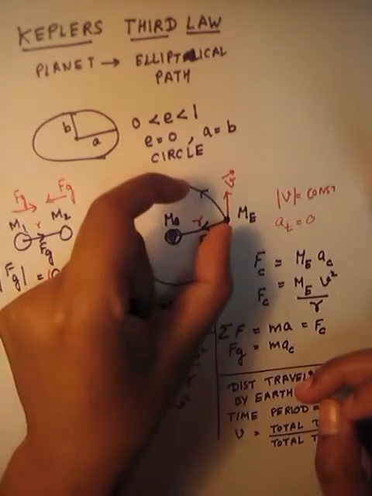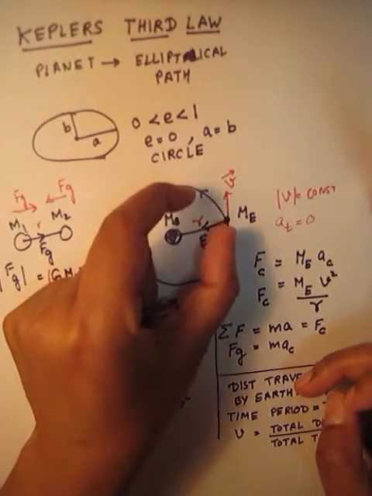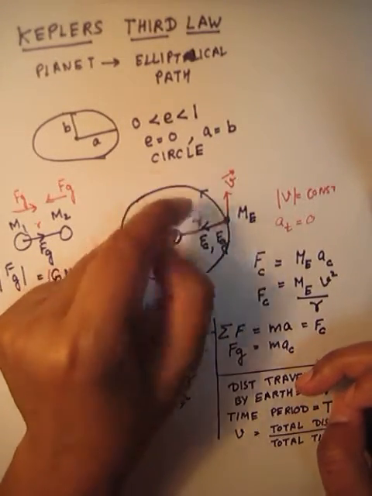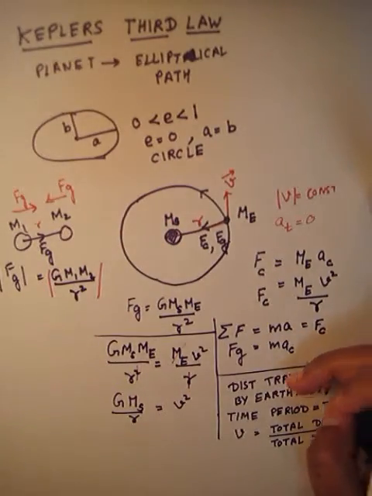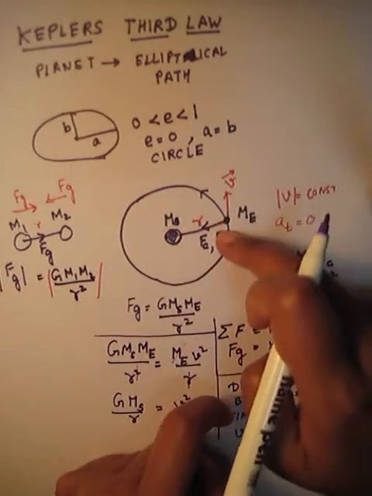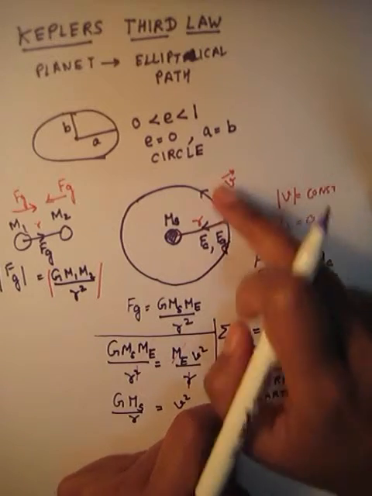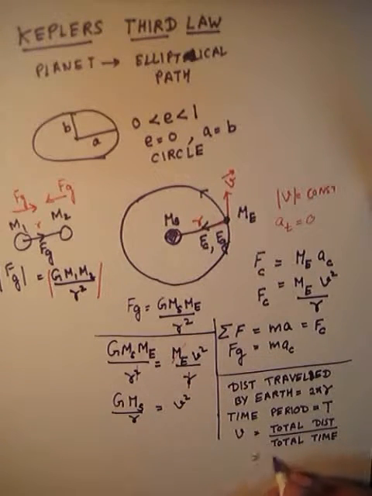If we are taking only a small amount of distance and we know what time it takes to reach from here to here, that will also be equal to v. But if we know the entire distance and the entire time, that will also give you velocity. So it will be 2 pi r upon capital T.